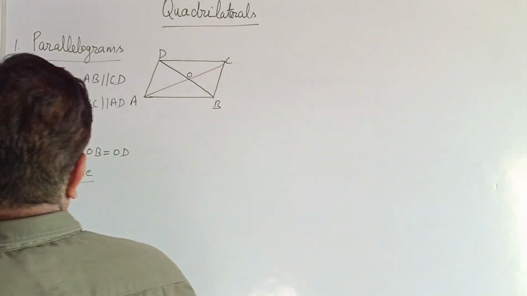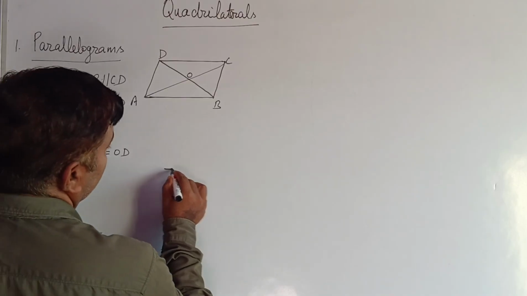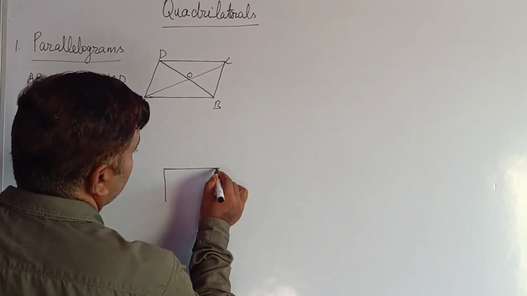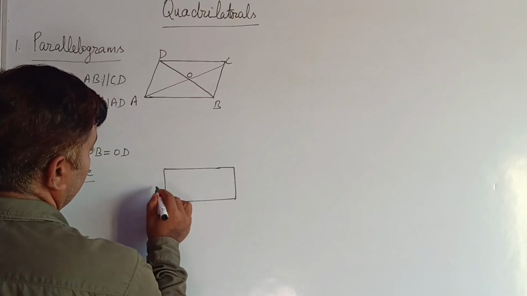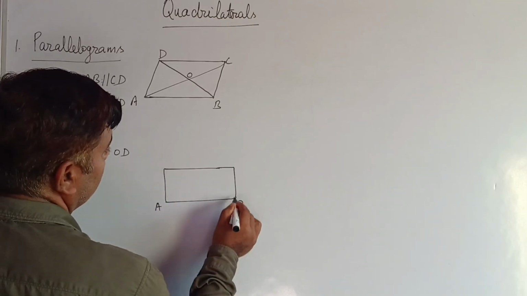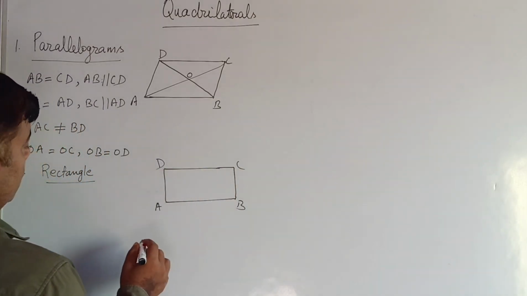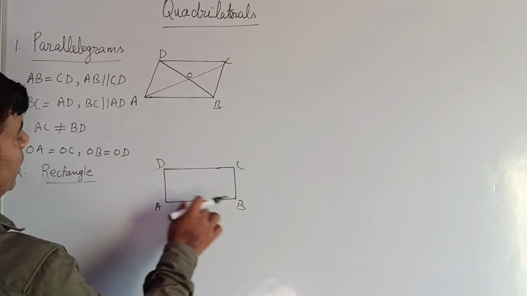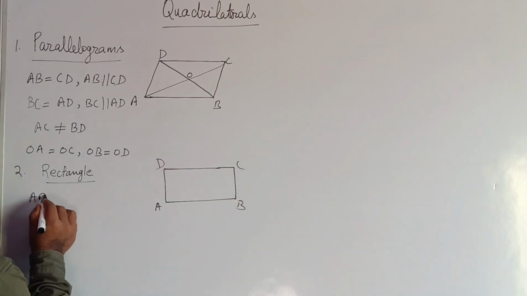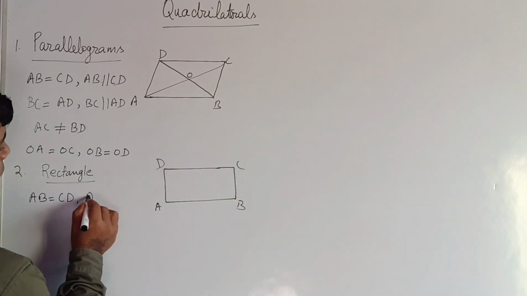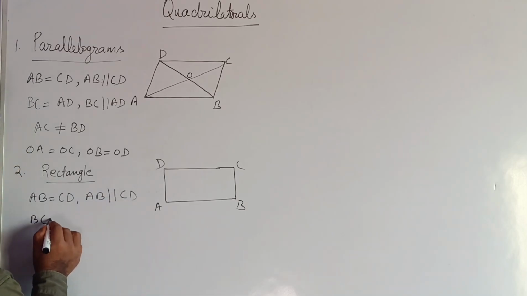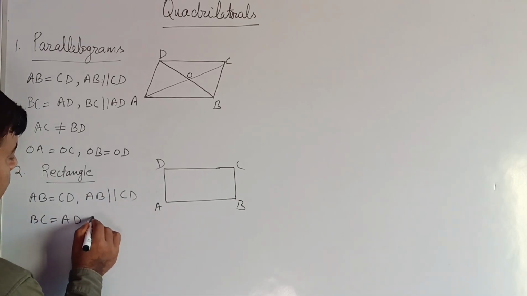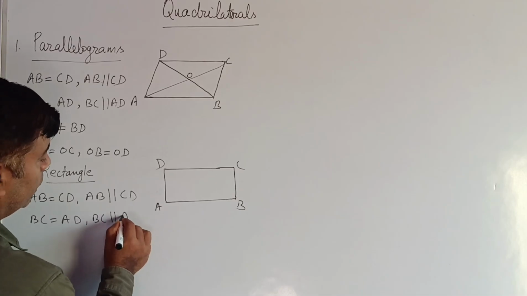We shall construct a figure of a rectangle so you can understand it well. ABCD, the rectangle will be like this. AB will be equal to CD, AB will be parallel to CD, BC will be equal to AD, and BC will be parallel to AD.